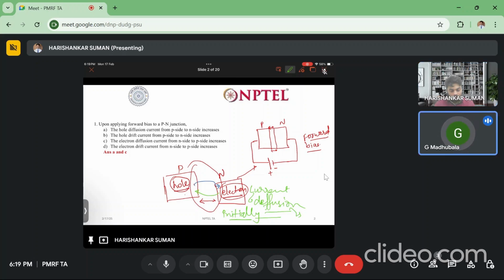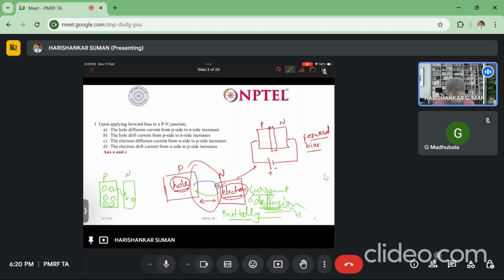Sir, what is the difference between diffusion current and drift current? Okay, let me tell you. Diffusion, the term is clear: something diffuses due to the concentration gradient. Let's say the number of holes is measured, and two or three are there.